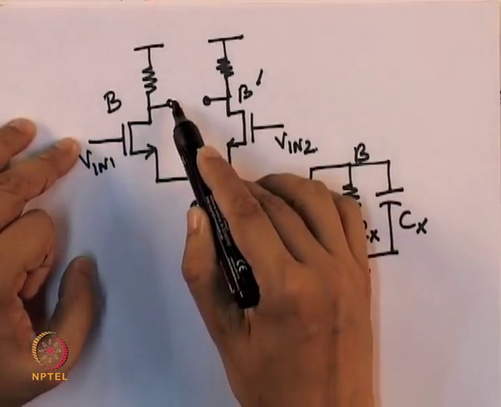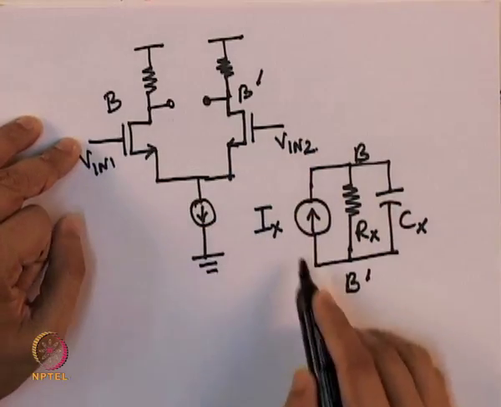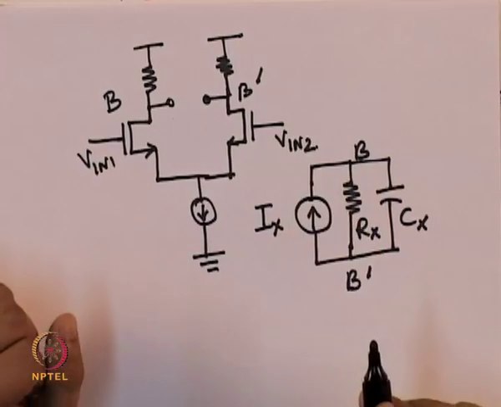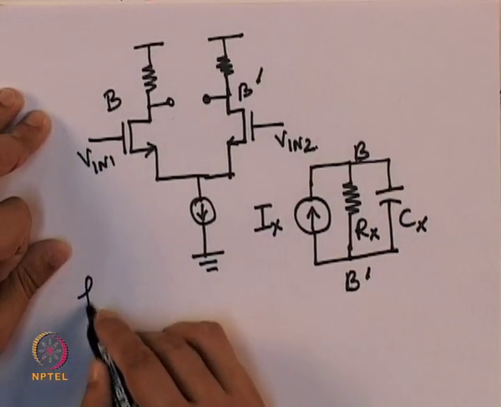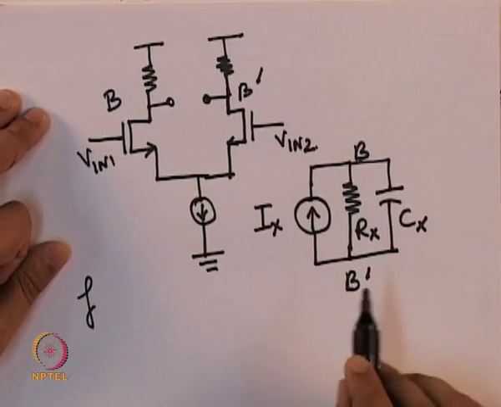If we try to find out the equivalent impedance across these two terminals, then let us assume that we get a circuit like this. Now, this circuit has been drawn just to determine the pole of the system.